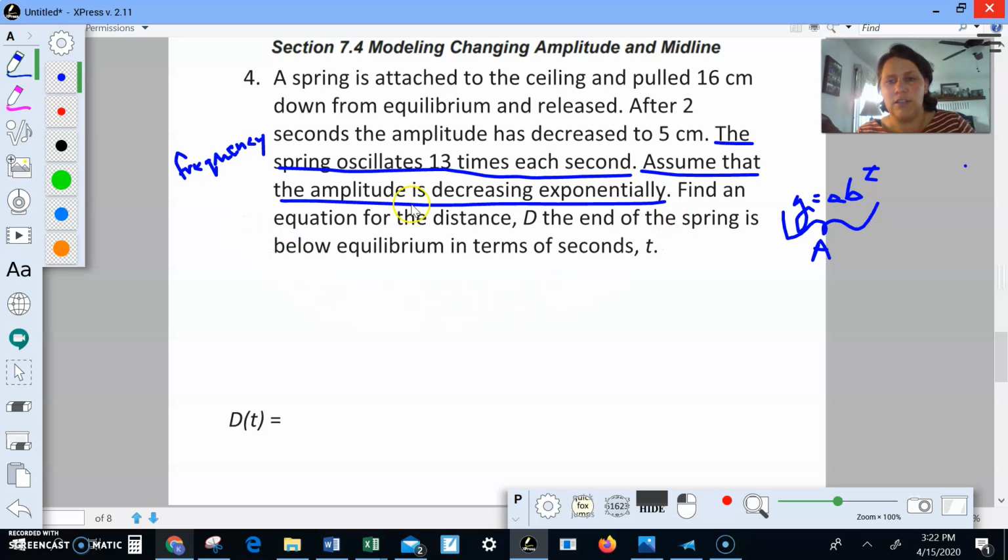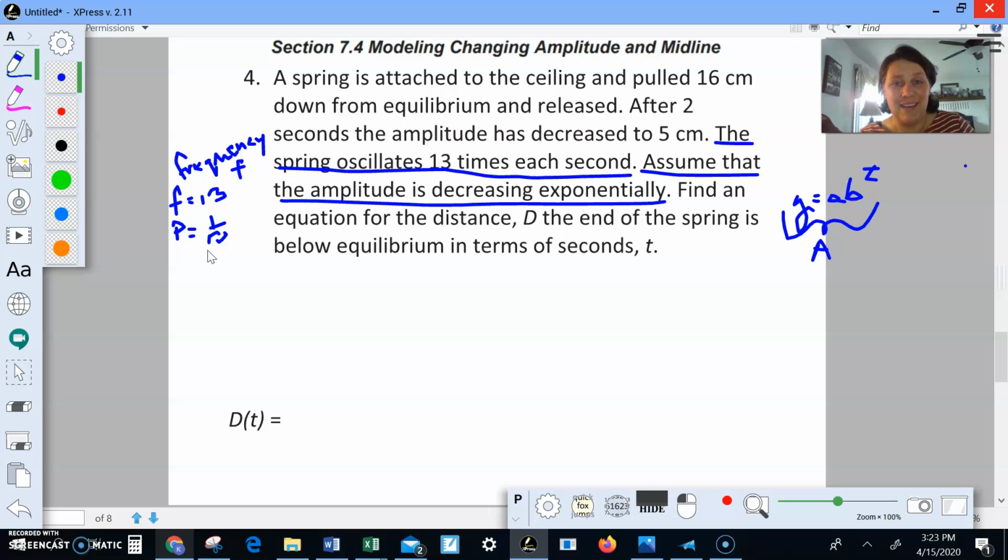In other words, they give us the spring oscillates 13 times in each second. So that is a frequency instead of a period. So that is going to be the frequency f. However, if we know f, we can very easily find p. So if f is 13, then p is 1 over 13.